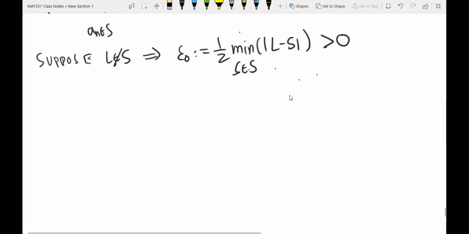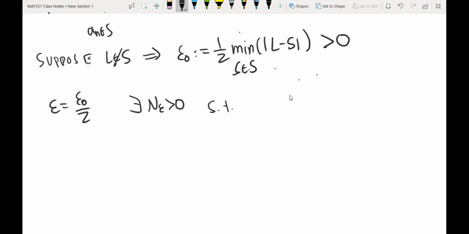Then you take epsilon to be this. So there is a positive epsilon such that AN minus L is less than epsilon.